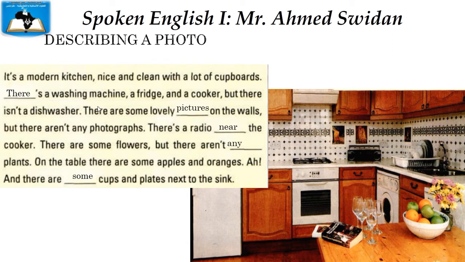But in the plural case, we say there are some lovely pictures on the wall. There are some oranges and apples. Okay, but there aren't any photographs, meaning there are no personal photos. So here there aren't, and we use any with the negative.